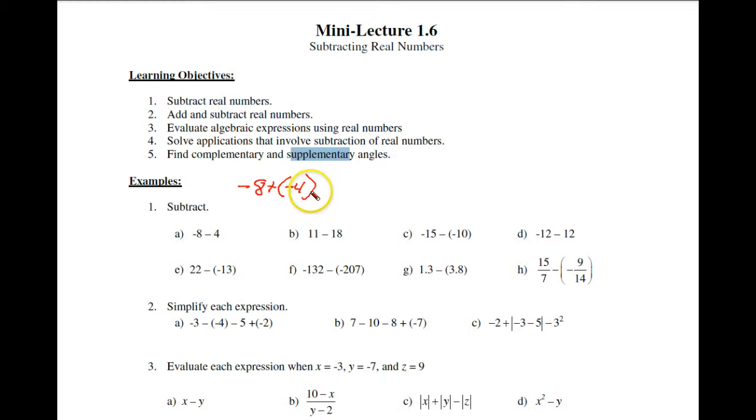This means this. So you're adding a negative number to this negative number. So that's just going to be a negative 12. They're both the same sign. We can think of it this way. Now this is definitely subtraction, but we can change that to addition also.